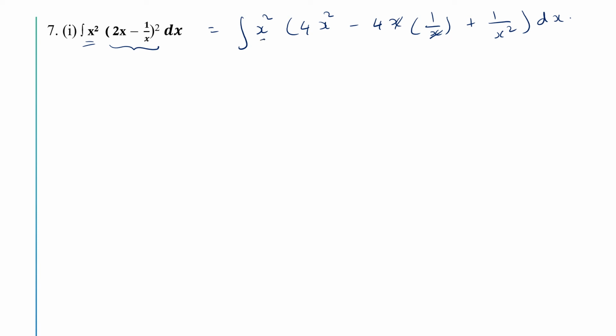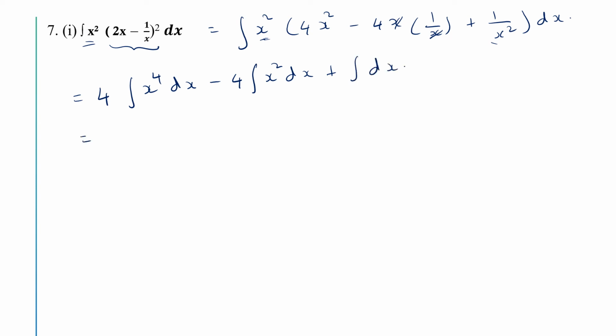Now we will multiply each term with x square, bring it inside. So we will get 4 integral x raised to 4 dx minus 4 integral x square dx plus, when we multiply x square and 1 by x square, these two will go. So we get integral dx.